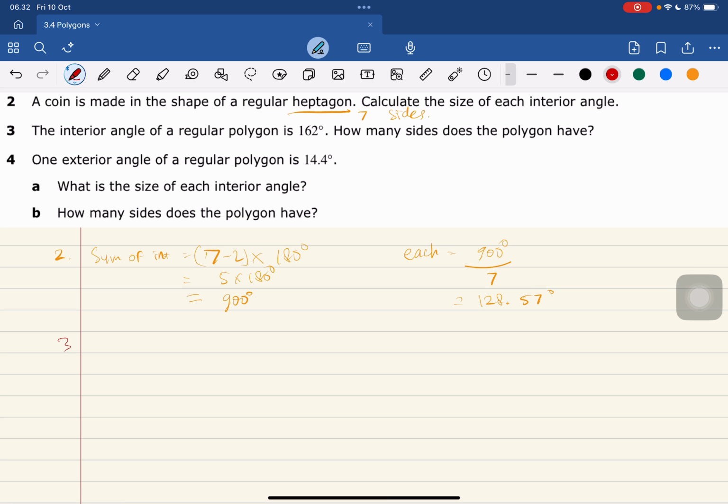Let's continue with number 3. The interior angle of a regular polygon is 162 degrees. How many sides are there?